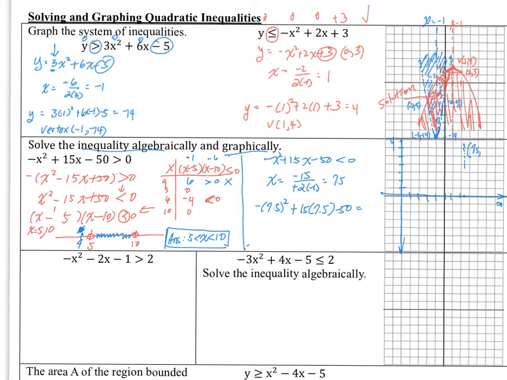This should give us negative 56.25 plus 112.5 minus 50, and this should be 6.25. And from the chart earlier, I know that my zeros are 5 and 10. So if this was 7, this would be 5, 7, 8, 9, 10.